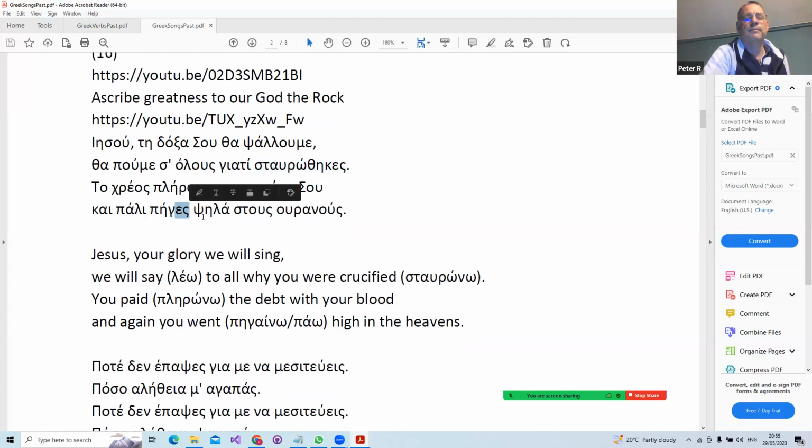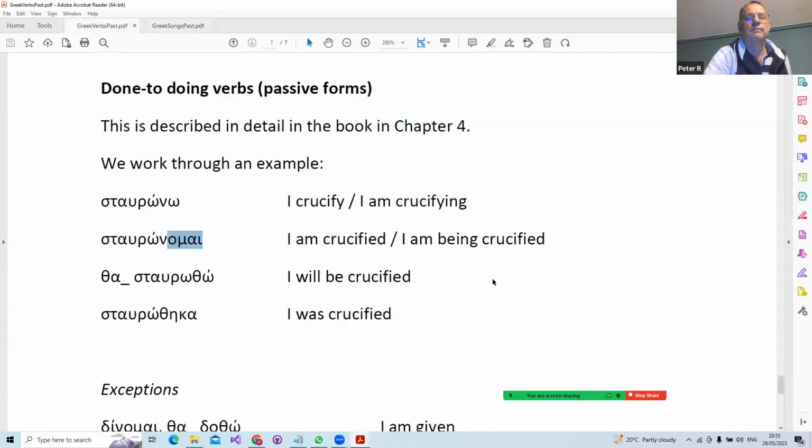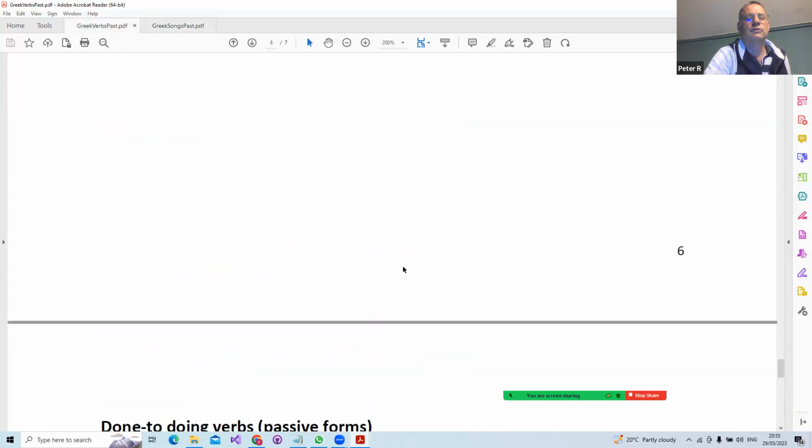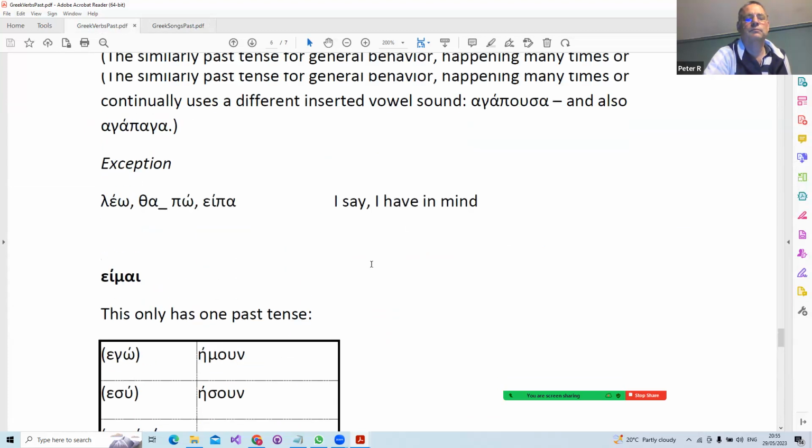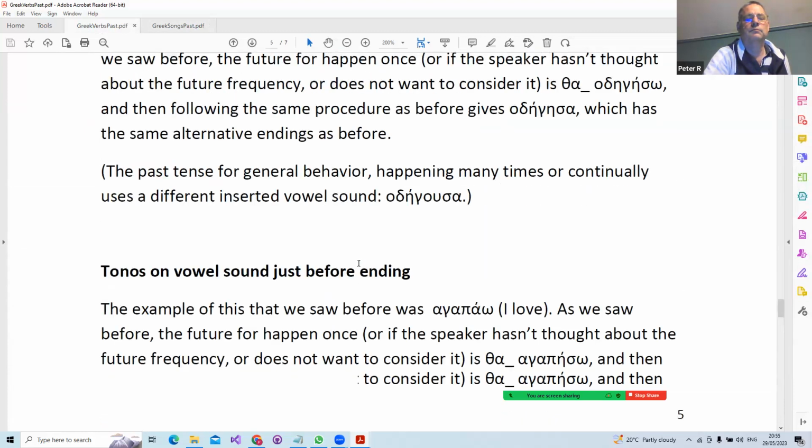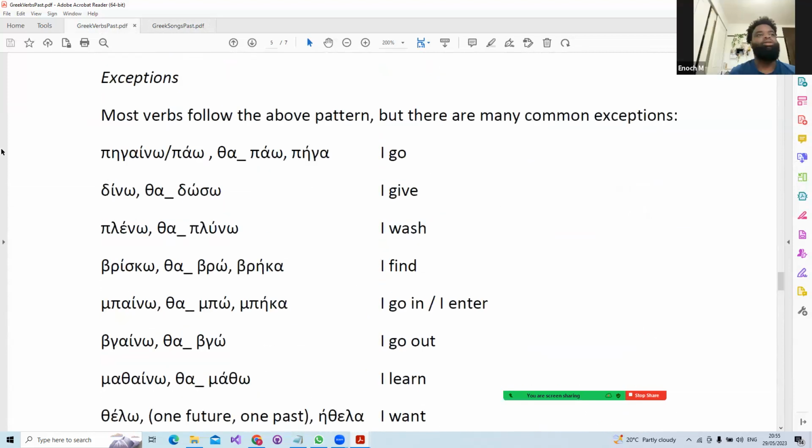This is a verb, but it's quite an irregular one. So if we go back to our table, I had skipped this, as one does. Here we go. So I go, you've probably learned this elsewhere, Christina, is pieno or pau. And then for the future it would be thapau.